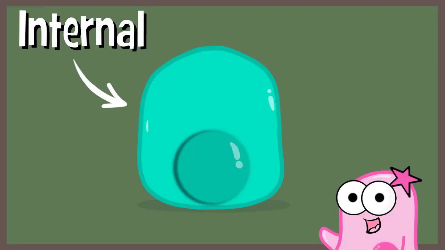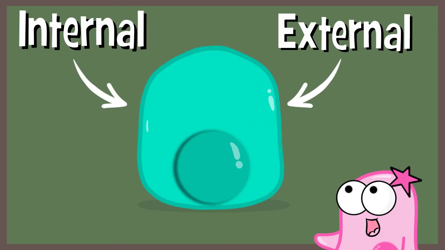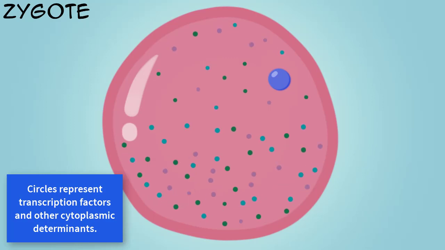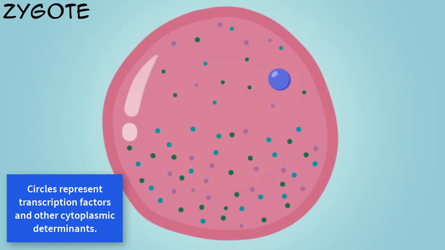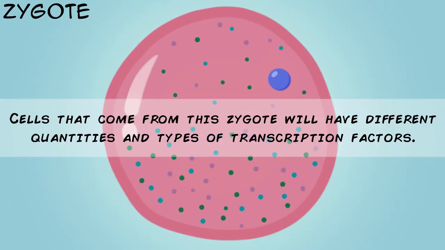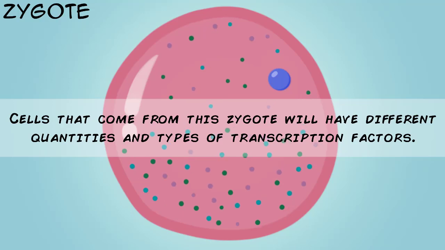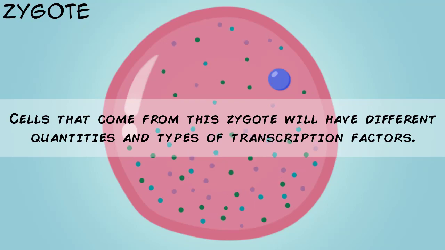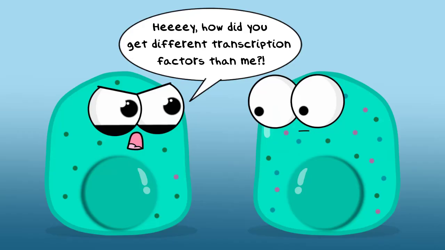There are both internal and external cues for stem cells, which can involve these transcription factors. Examples? Okay, an example of an internal cue could be transcription factors present in the cytoplasm of the original starting zygote cell, which will eventually be present in the cells that come from it. Now, the specific location of the stem cell within the developing embryo can matter because the transcription factors available in different areas of the developing embryo can differ in quantity and type, which could impact what a stem cell differentiates into.